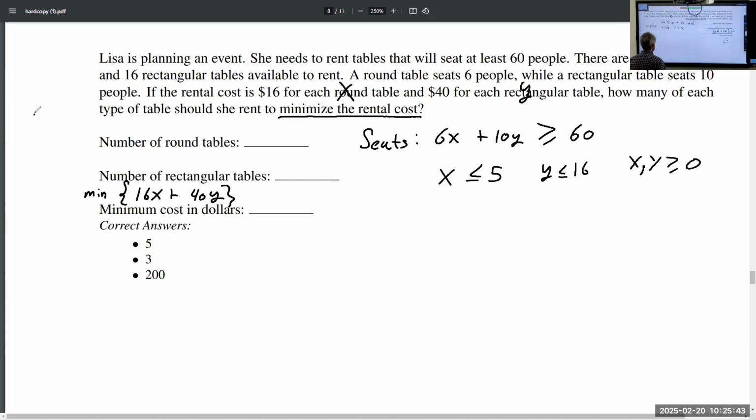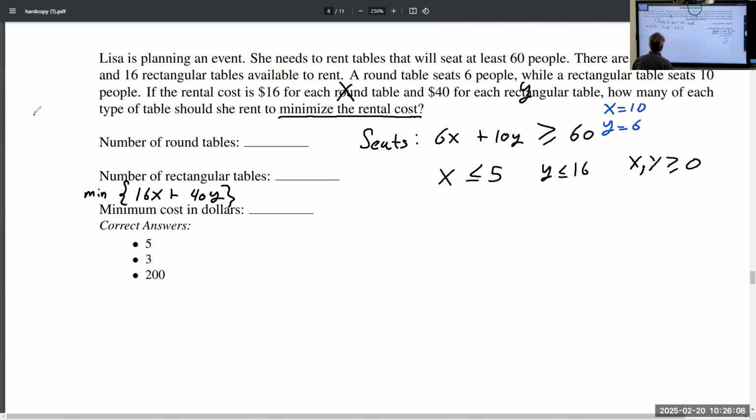But we also need to know what are the intercepts of this? So you have 6x, 60. So it seems like x equals 10 comes up, and you have y equals 6. Is it clear where I'm getting those x and y intercepts?